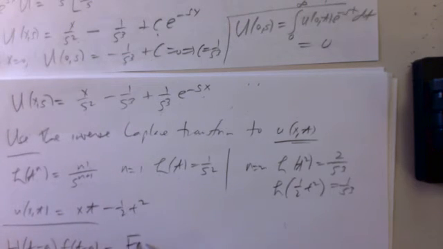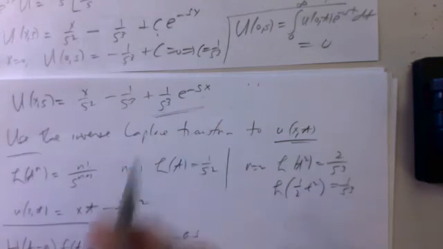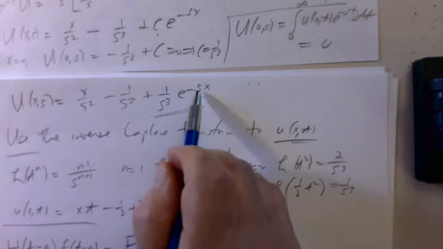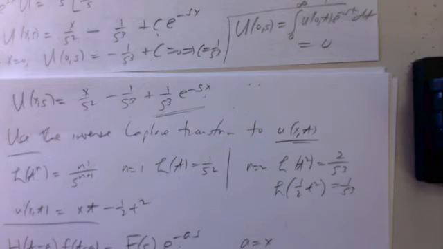This is the Laplace transform of F times e to the minus as. So what I have over here is 1 over s cubed e to the minus sx. If I let a equal to x and capital F equal 1 over s cubed, this is what I get. This is the Laplace transform of this expression.